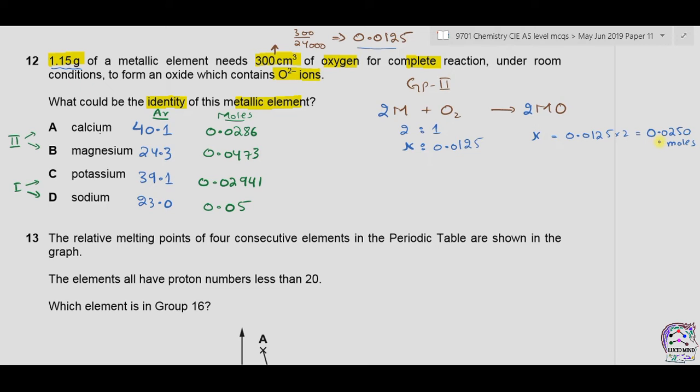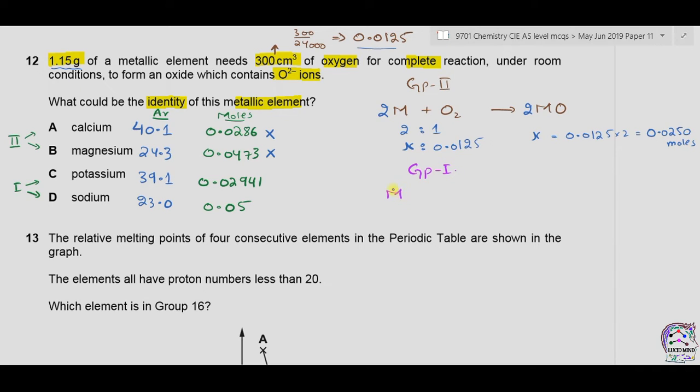So the number of moles of metal in group 2 comes equal to 0.0250, that reacts completely with oxygen. Now we have 2 values and none of them is equal to 0.0250. Now doing the same procedure with group 1.